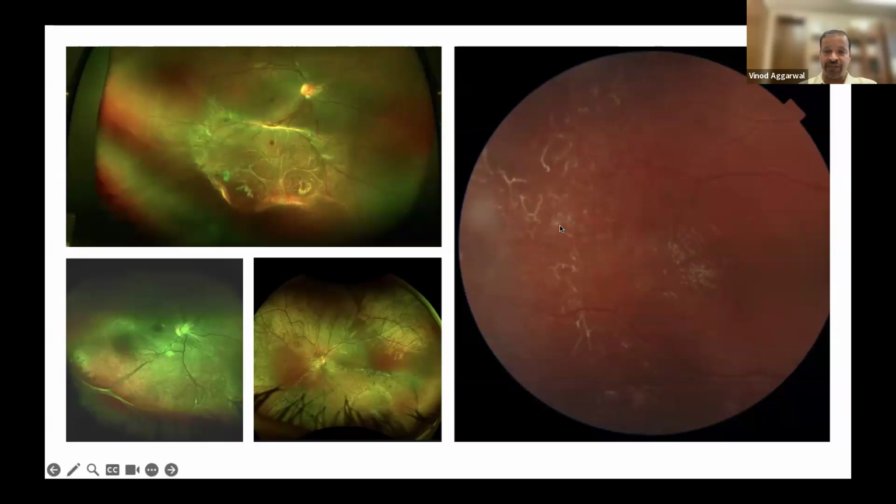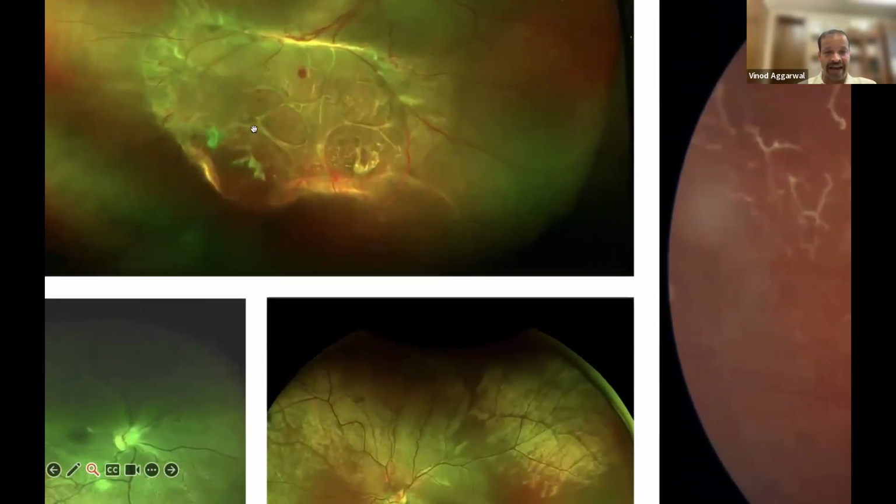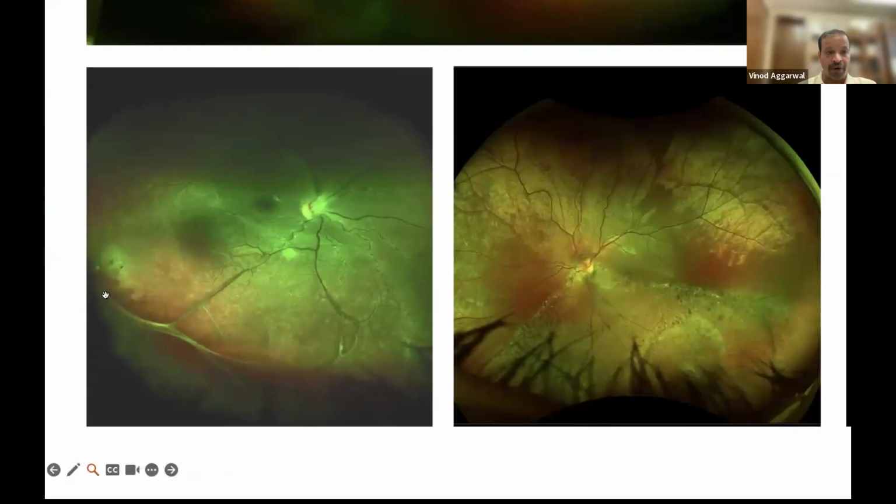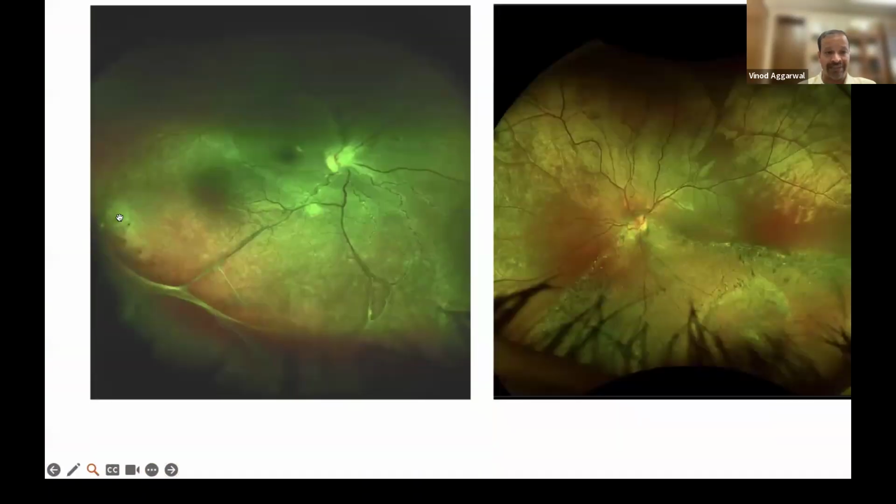A few other findings which give a clue about X-linked retinoschisis are these white scales. If you see these white scales in the periphery, they are indicative of X-linked retinoschisis. These patients can sometimes develop inner retinal holes, as you can see here, or outer retinal holes, as you can see here.